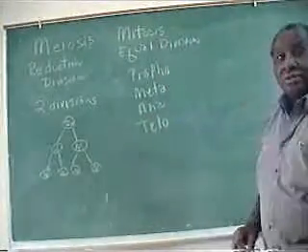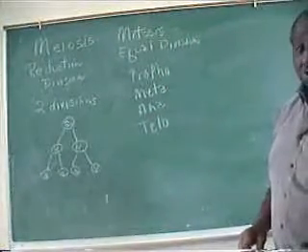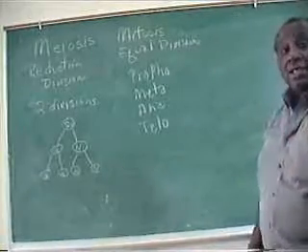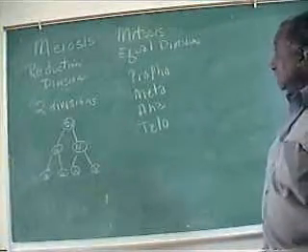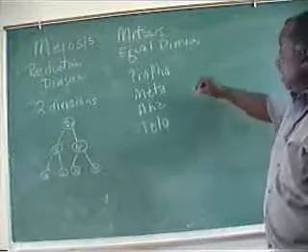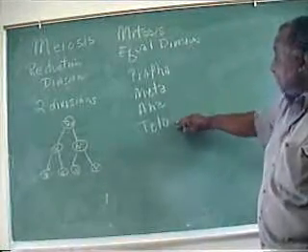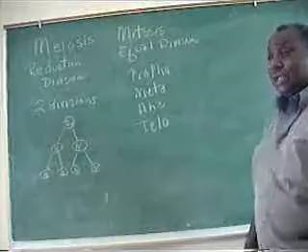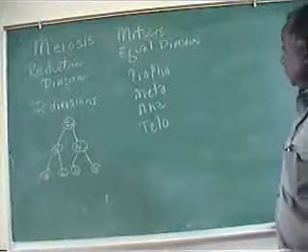Notice I did not mention interphase, because in genetics, and in any science, interphase is not a stage of division. Only prophase, metaphase, anaphase, and telophase. So if you write interphase, then you're going to lose points.